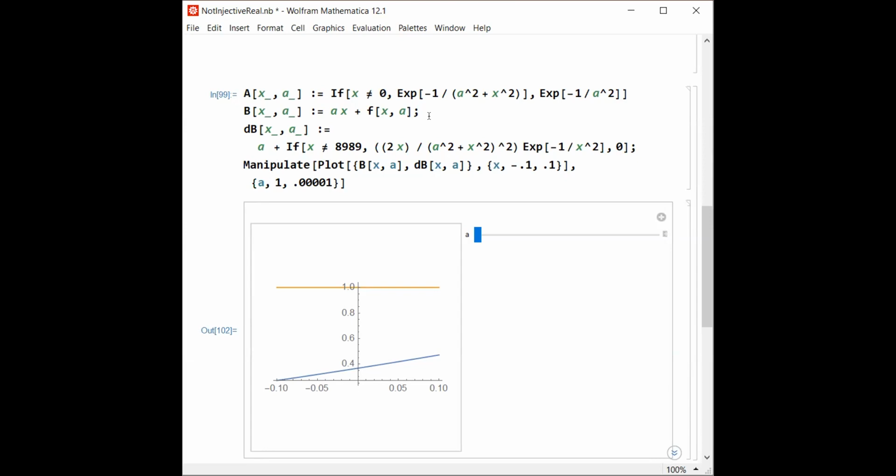The larger a gets, the bigger the denominator we have in the exponential of -1 over a squared plus x squared. So then it doesn't even matter anymore. It's going to change the decay a little bit, but how large can the exponential of that negative thing be?